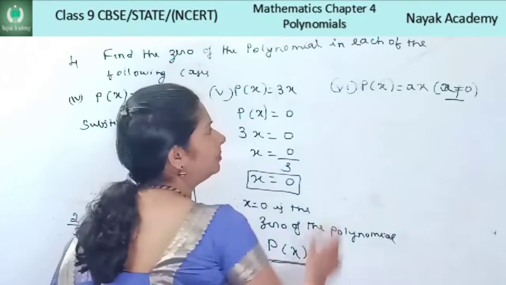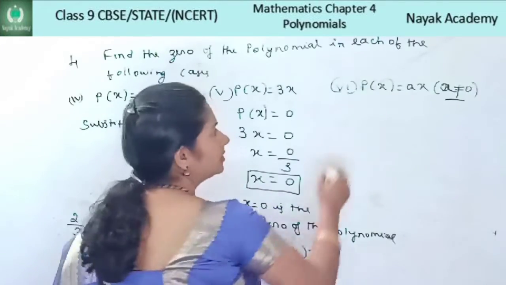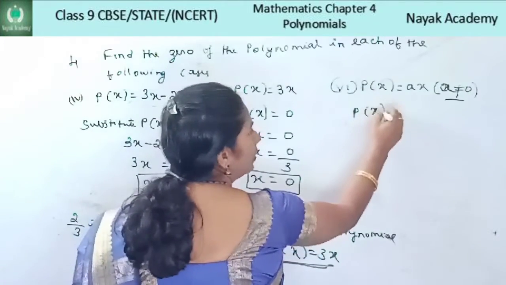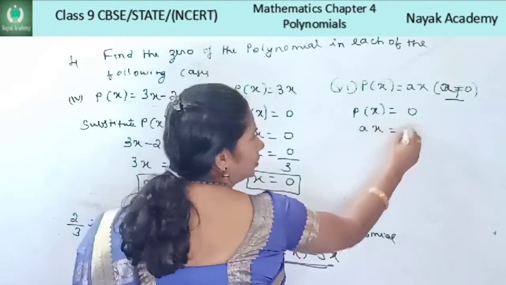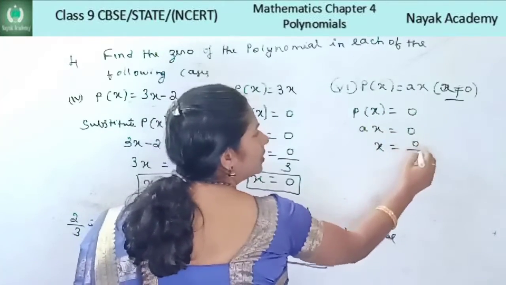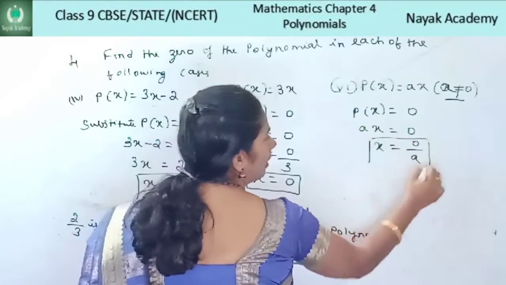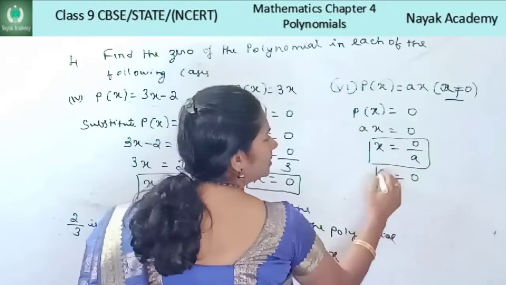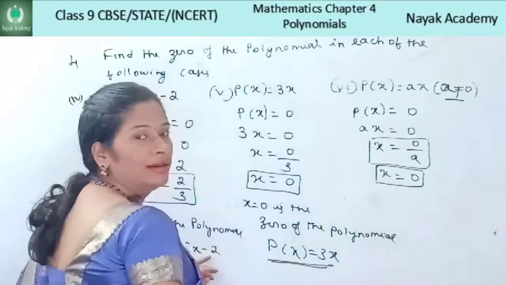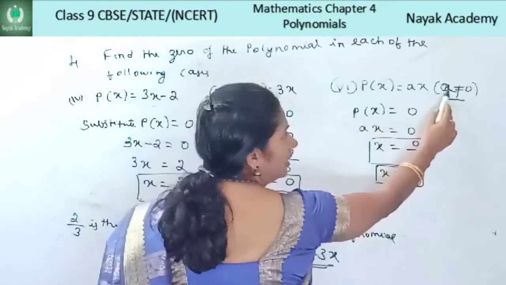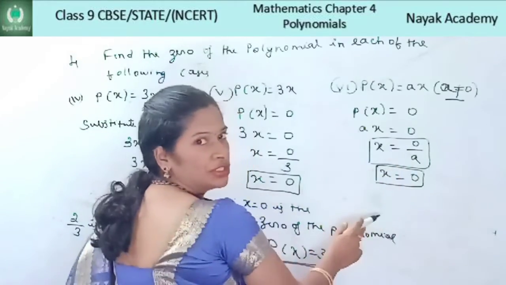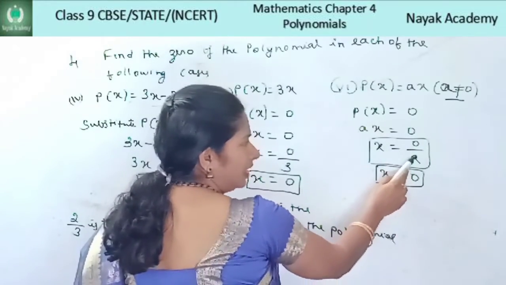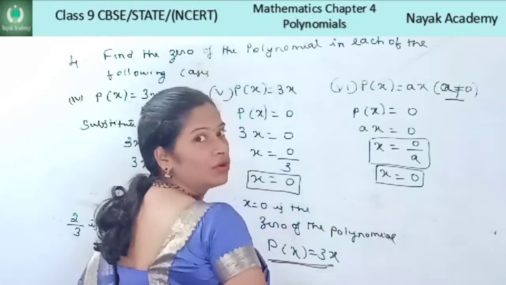Coming to the sixth problem, p of x is equal to ax. Substitute p of x value as 0. So ax is equal to 0. X value is 0 divided by a and this value is x is equal to 0. Now the condition is that a should not equal 0. So what happens if a equal to 0, children? If a equal to 0, it is 0 by 0, it is not defined.